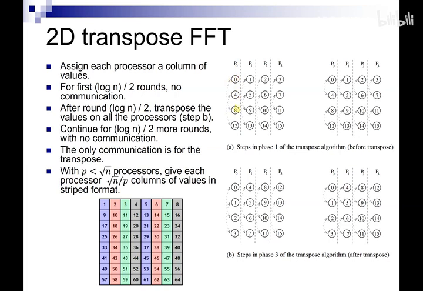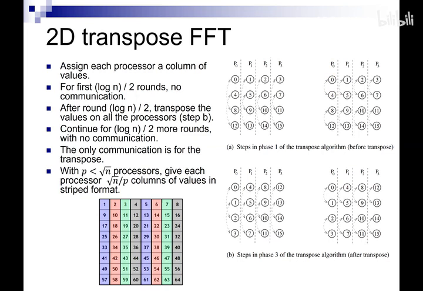This butterfly between 0 and 8 is happening on the same processor, and the 1 and 9 is also happening on the same processor. So in the first stage, we don't have any communication. In the second stage, the butterfly is again within the same column, so again we don't have any communication.